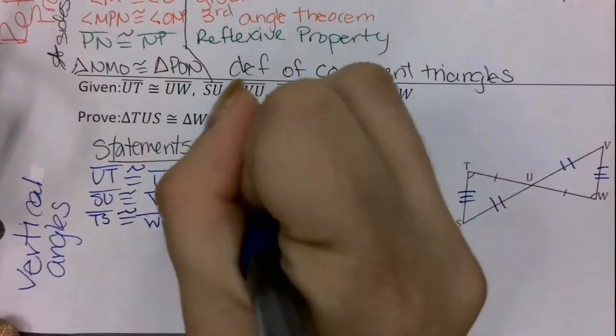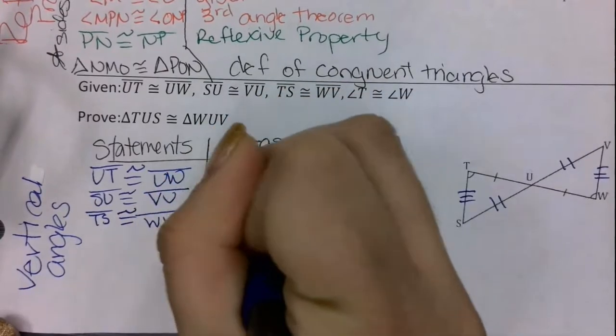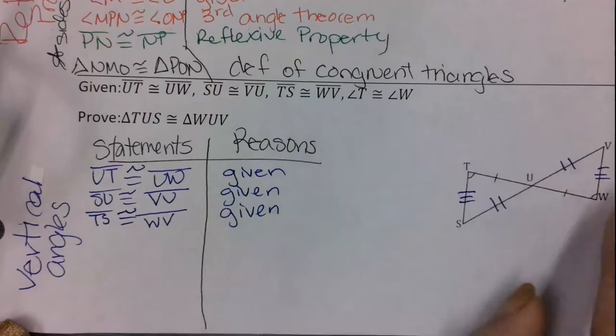Oh, all three of these were given. Then I have my congruent angles they told me, T and W.